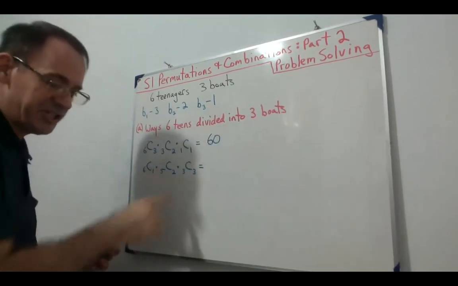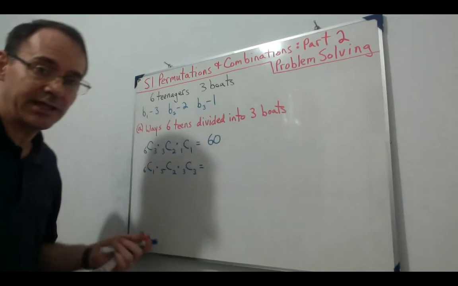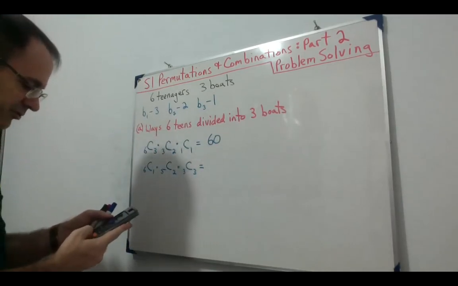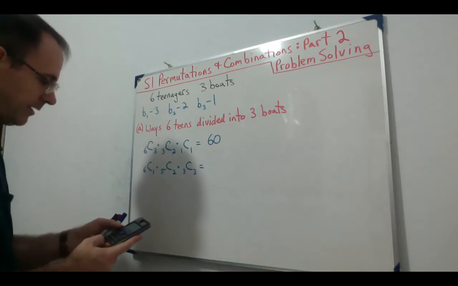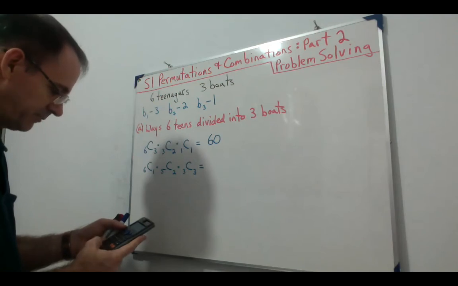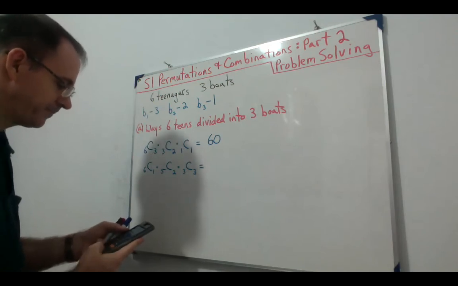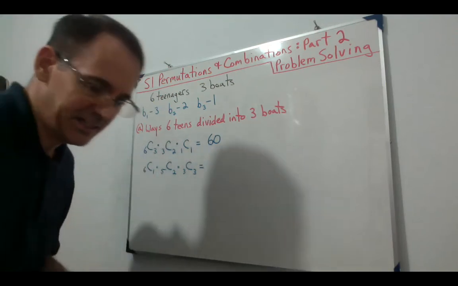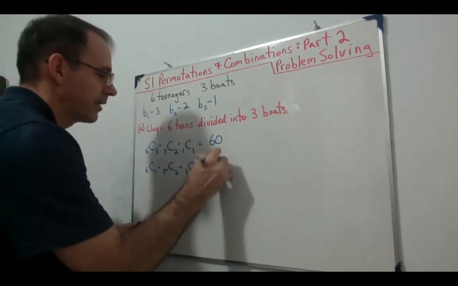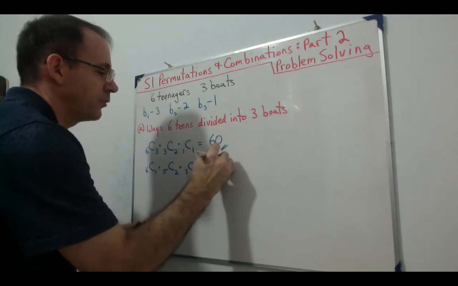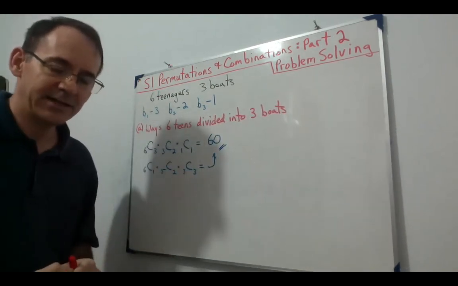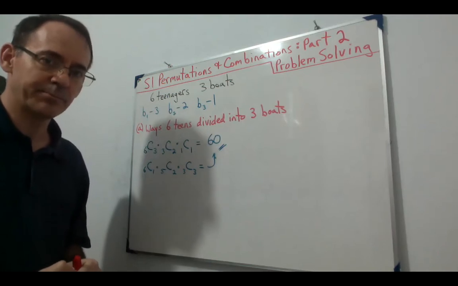If we change the order in which we selected for the boats, if we did 6 choose 1, times 5 choose 2, times 3 choose 3, we still get 60. So it doesn't really matter which order you go in. You will still get 60 different ways that those 6 teenagers can be divided up into these 3 boats.